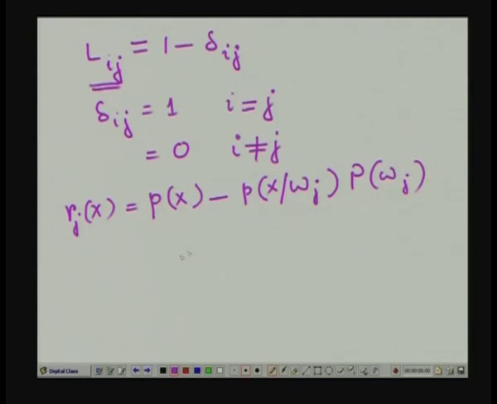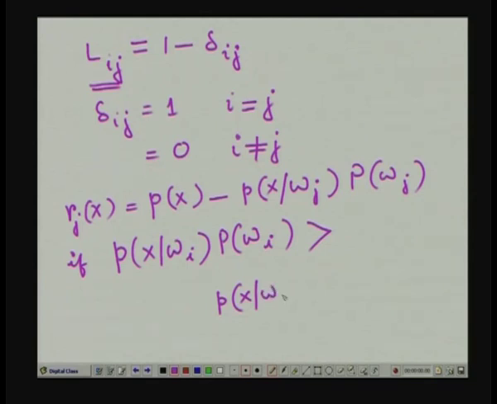In this case, the feature vector x will be assigned to a class i for which this R_i(x) will be minimum, or we can say that it will be assigned to class i if p(x | omega i) into p(omega i) is greater than p(x | omega j), the probability density function of omega j, into the probability of occurrence of class omega j.